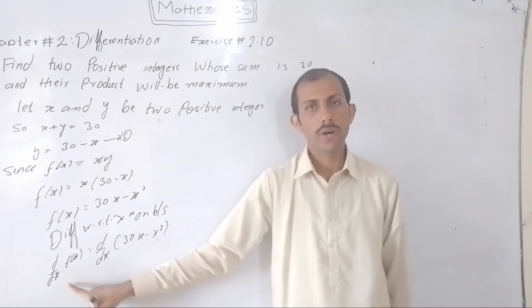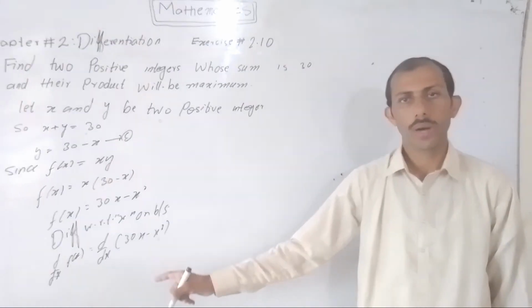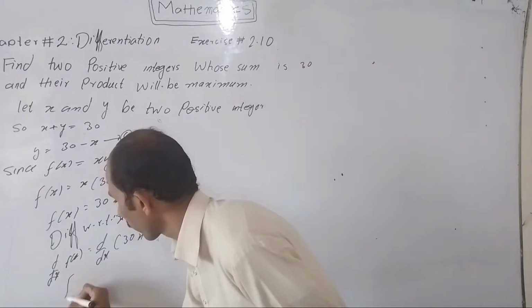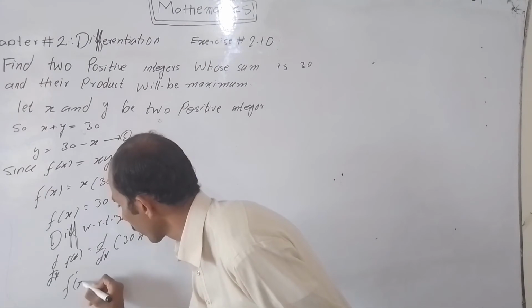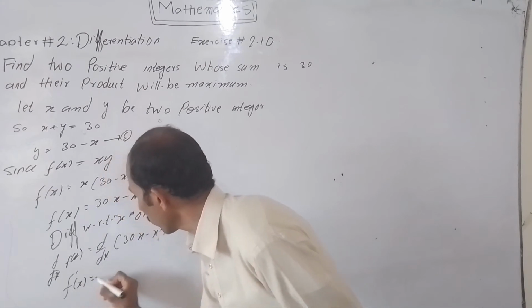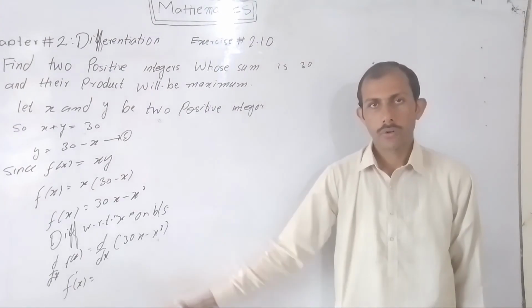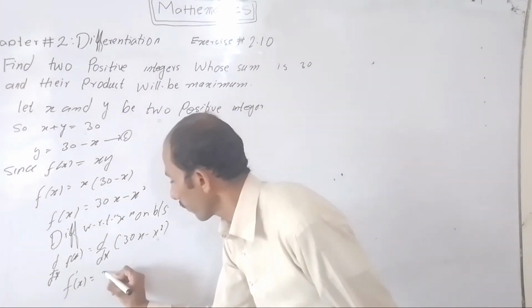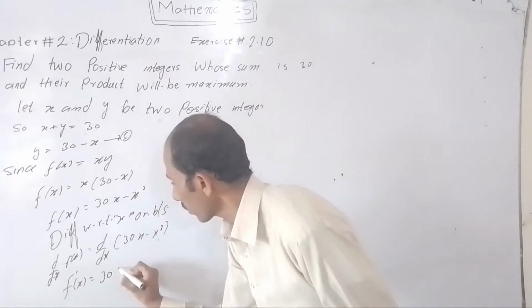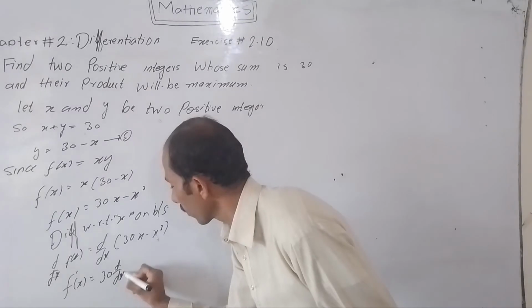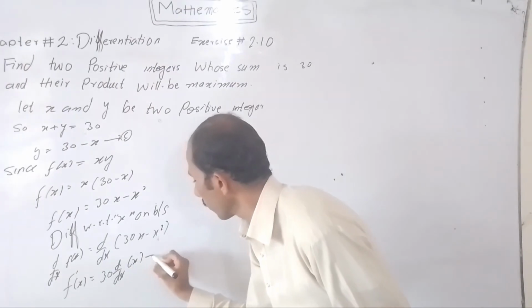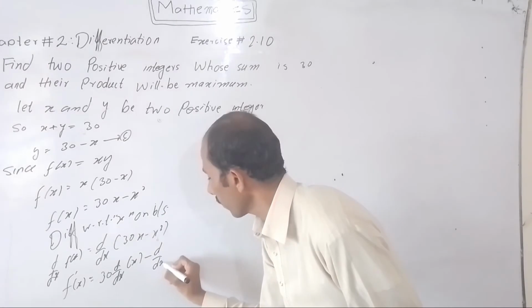Derivative of f of x can also be written in the form of f prime of x. f prime of x is equal to 30 times derivative of x minus derivative of x square.